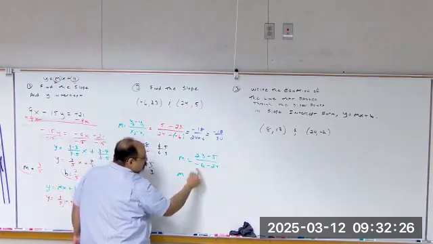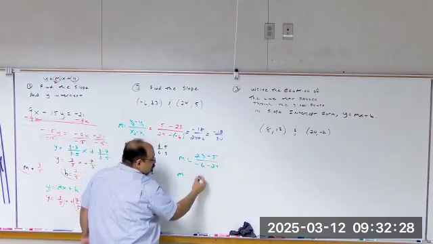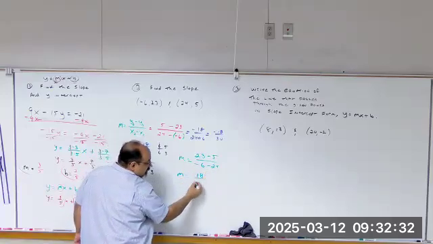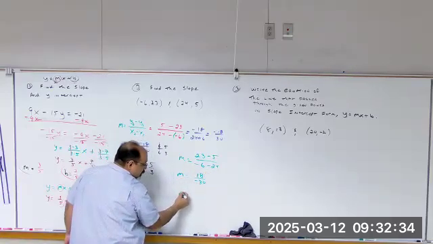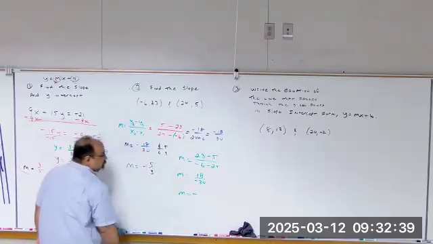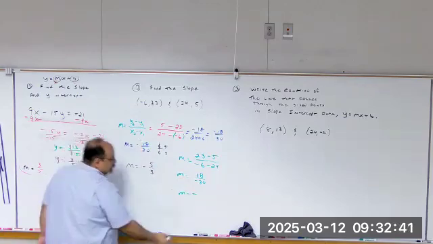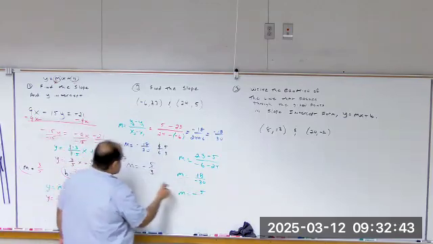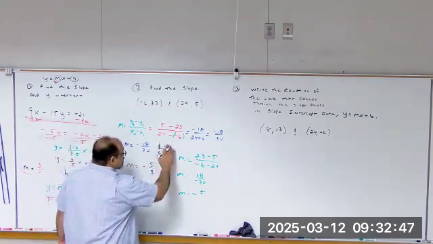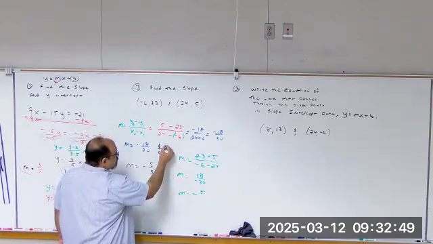So that gives me a slope of 23 minus 5 is positive 18. Negative 6 minus 24 is negative 30. So I still have a positive over a negative, so my slope is still negative, and 18 over 30 is still going to be 5 over 3. I wrote this upside down. It's 6 times 3 over 6 times 5.